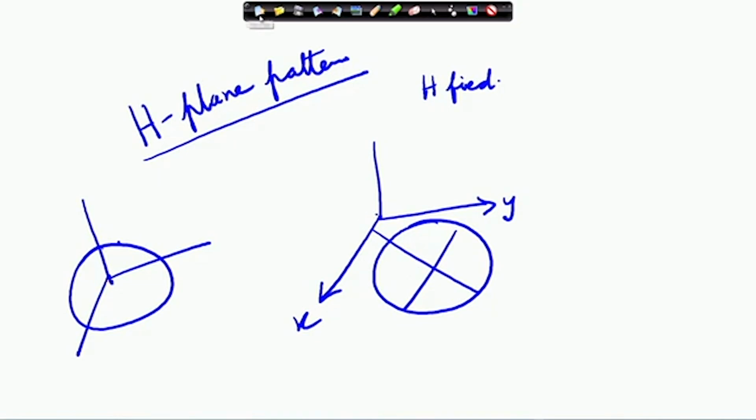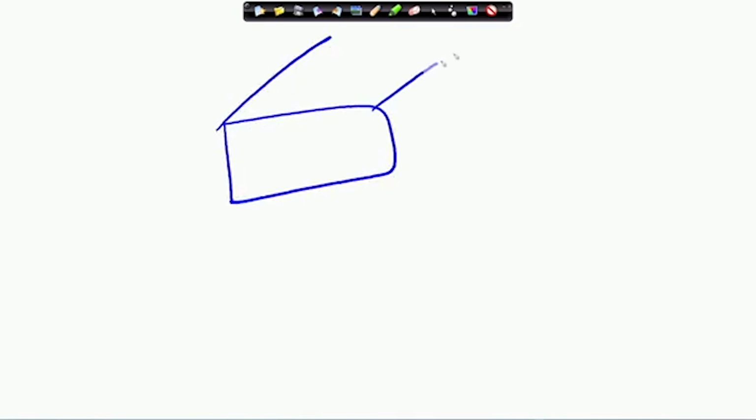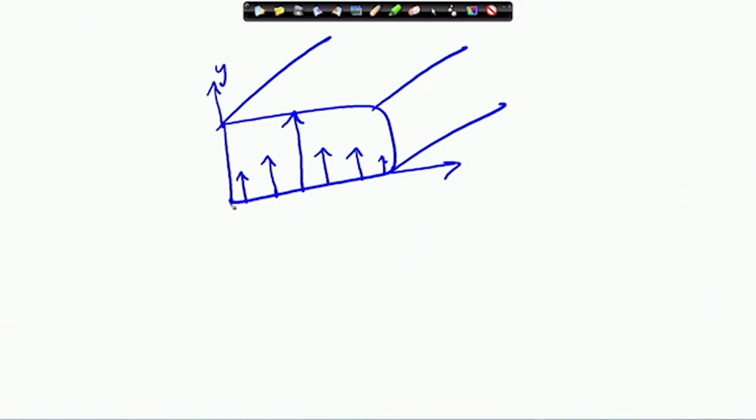Similarly, suppose I have a rectangular waveguide as a radiator. Many times this happens. In the dominant TE10 mode, you know that the electric field is like this, and this goes to 0. So, the electric field is in this direction. Let us say this is our y direction, this is our x direction, and this is our z direction.